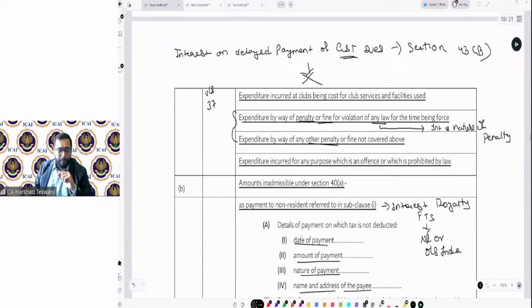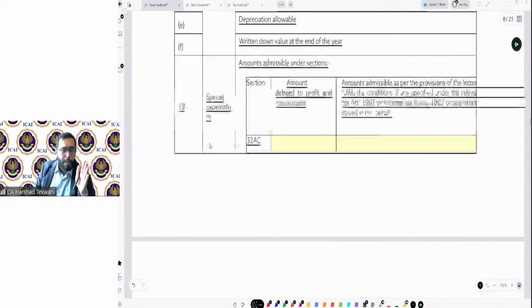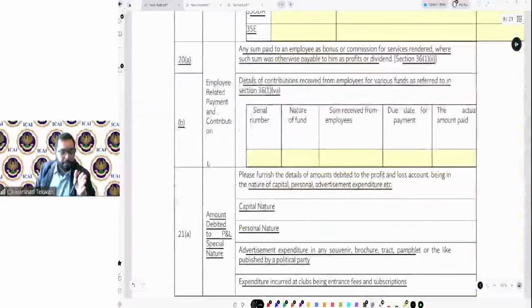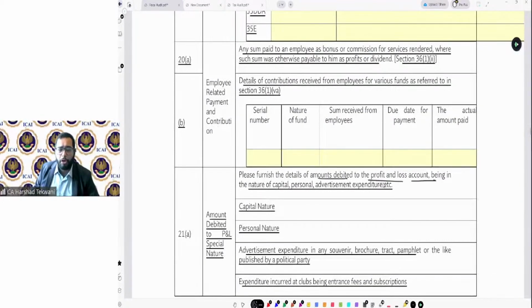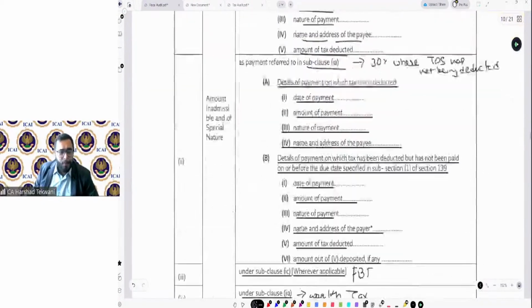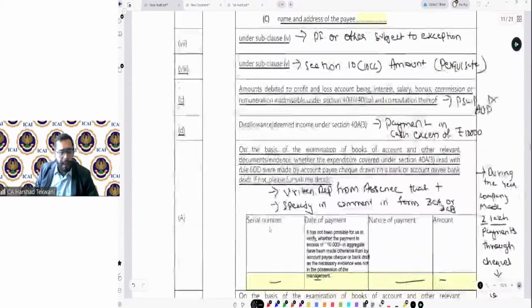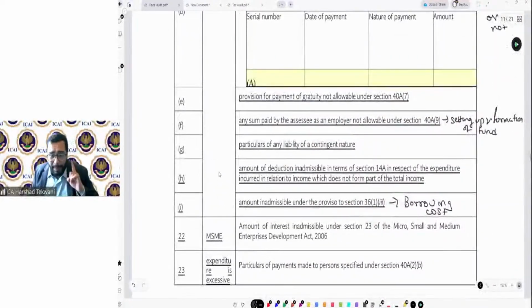Now, there is a confusion on this, so let me clarify. When I talk about clause 21, I'm talking about the amount debited to profit and loss account. If these amounts from A to I are debited to the profit and loss account, then only I need to report.